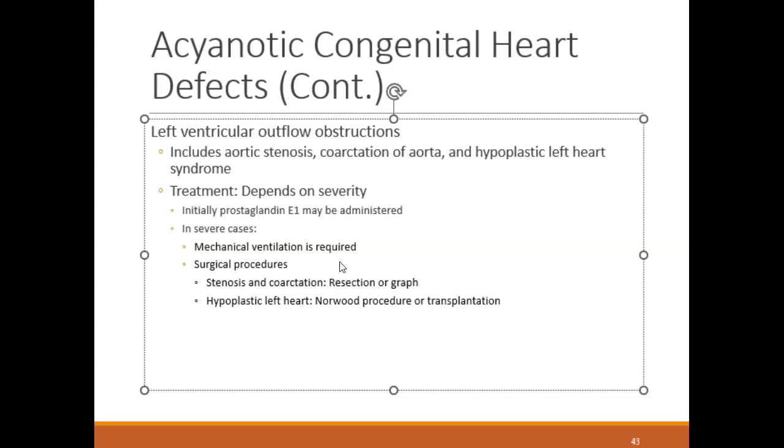So those are helpful to increase the diameter of your vasculature and reduce that afterload. In severe cases, you might need to put the patient on mechanical ventilation, and they might need a surgical intervention.